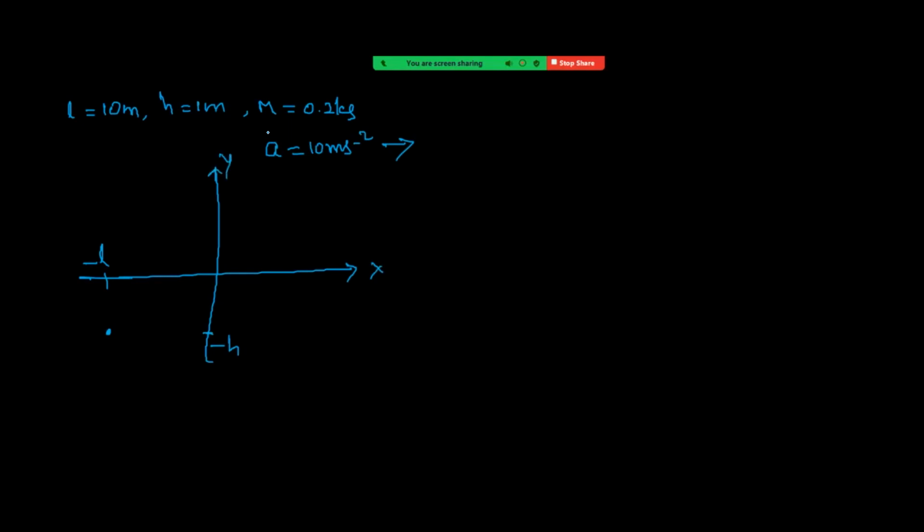Then see what happens. It was initially at rest. Therefore, displacement equal to half a t square, with t equal to 2, so displacement is now 20 meter. L value given is 10, so from origin this is minus 10.